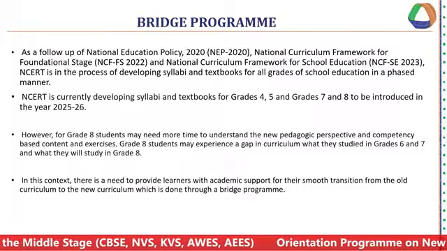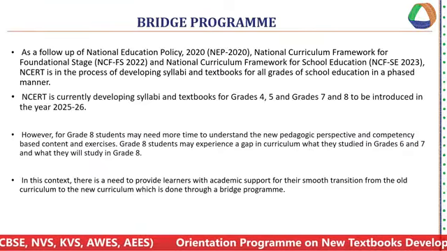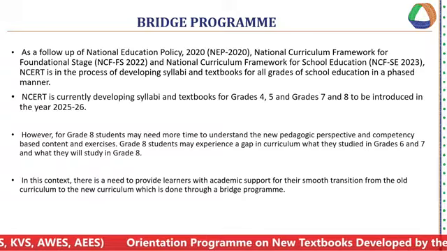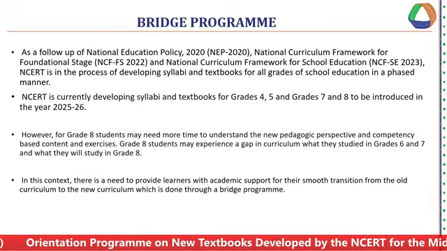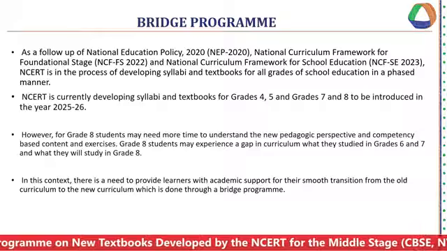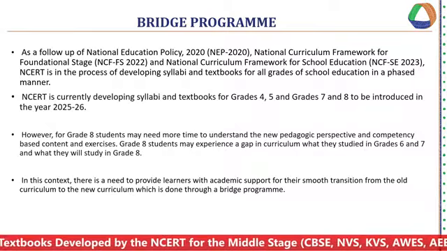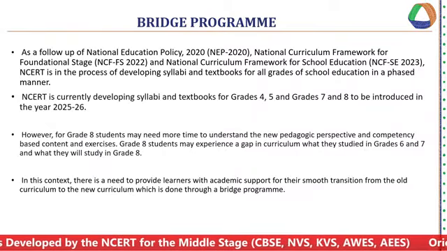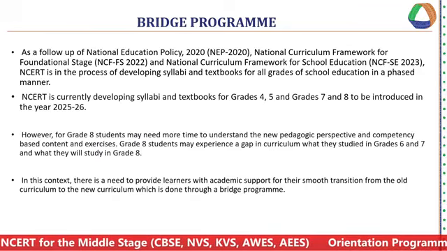The way this textbook has been developed, the concepts are interlinked not only to concepts of mathematics, but also to the concepts that are dealt with in other subject areas. So this has to be taken care of. These are some of the main features of this textbook that will be coming soon before you, and I hope you will be able to enjoy this particular book.